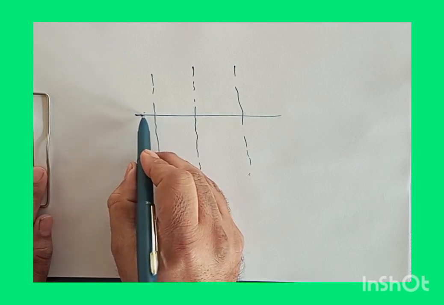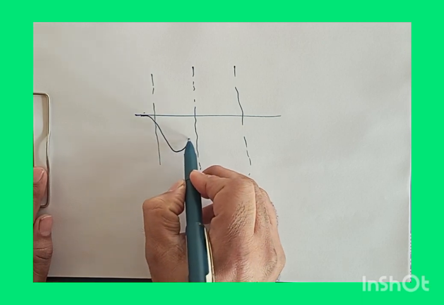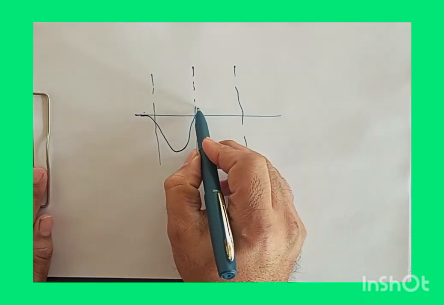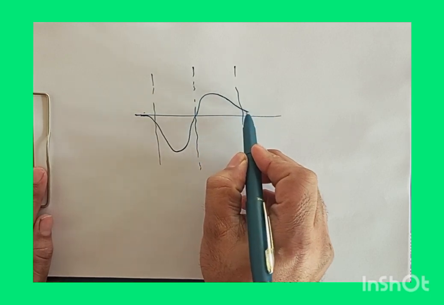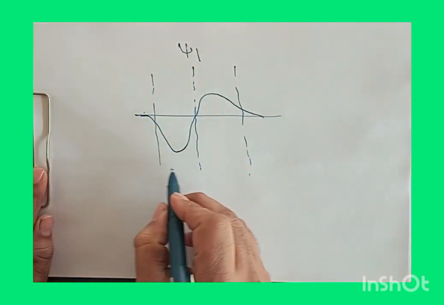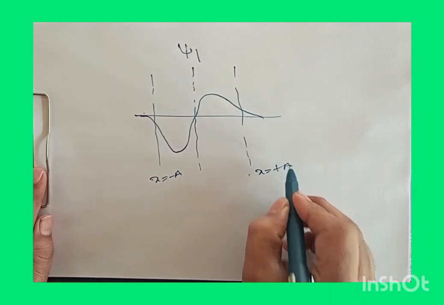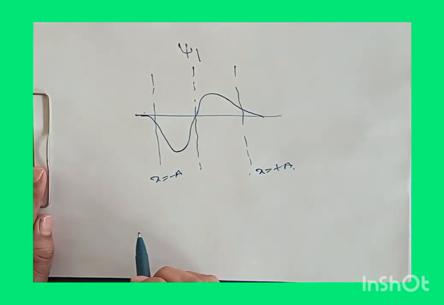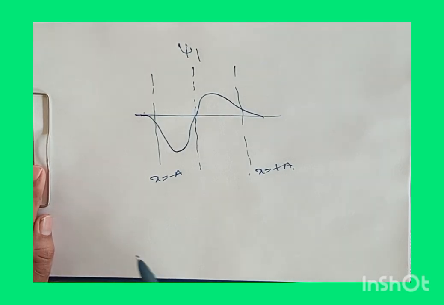It goes like this, goes up like this, and crosses like this. This is my psi 1, this is my x equal to minus a, and this is my x equal to plus a.